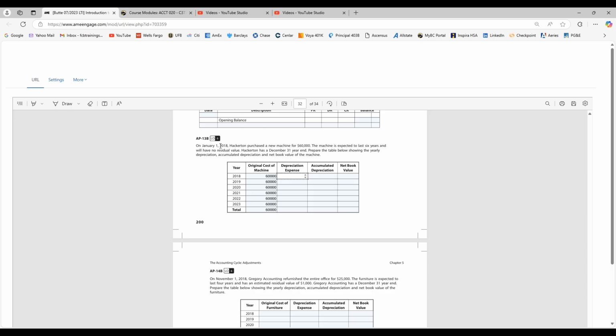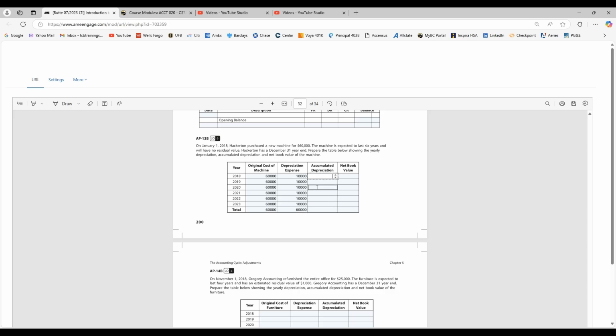We bought it at the very beginning of the year, so we just take 60,000 divided by 6 years, which gives us $10,000 of depreciation expense in each year. And if you sum all those up, that's 6 years of 10,000, which is 60,000.